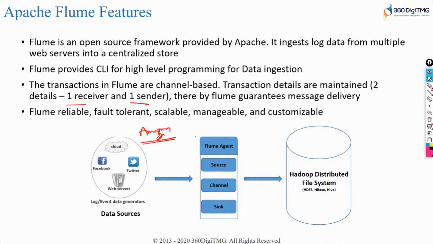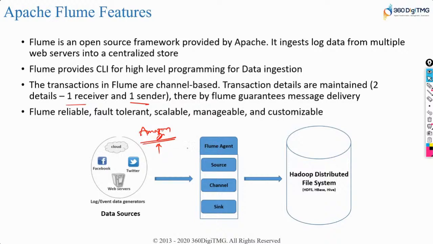Millions of people might log in. So the data getting generated is so huge that your Apache Flume may not be able to handle it. The incoming data might increase a lot, multiply.